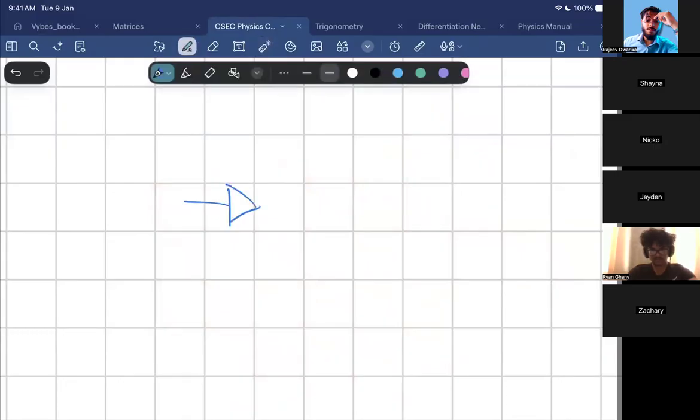Alright, let's keep it moving. What do you call this component? LED, light emitting diode. Alright, what do you call this component? Lamp. Are they the same thing? Jadon, Ryan, is it the same thing? No, it's not the same thing. Which one is more efficient, the lamp or the LED? The LED.